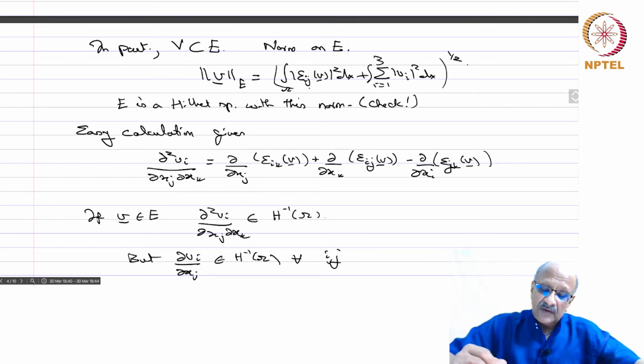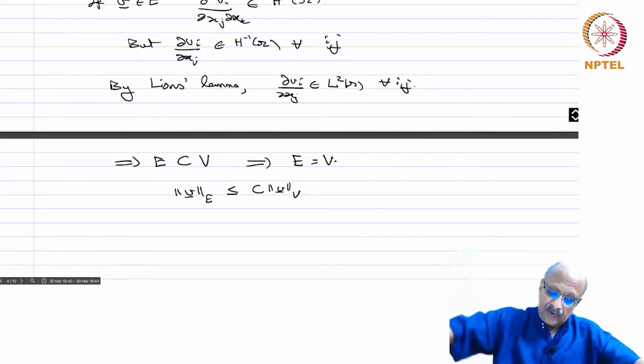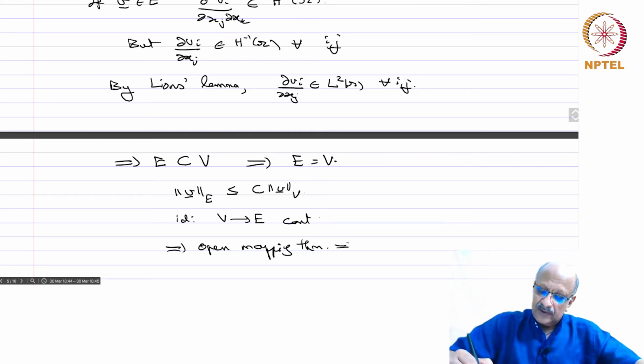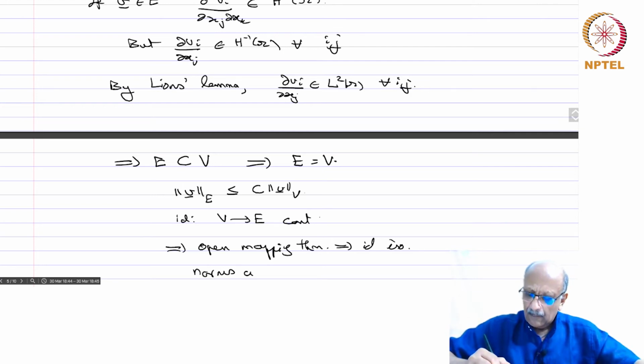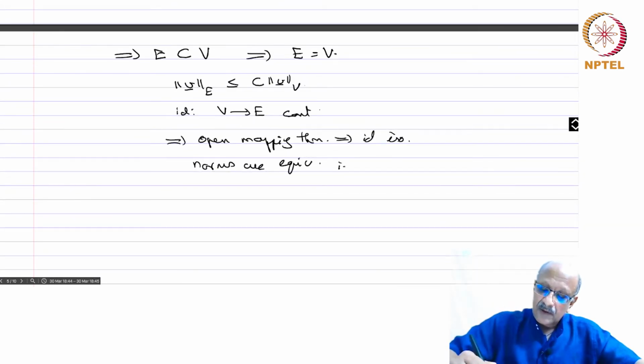They are all first derivatives, so if you take the square, take the L2 norm, that will be less than some constant times the norms of the first derivatives, and therefore less than or equal to a constant times norm v in V. That means the identity map from V to E is continuous, which means by the open mapping theorem, a one-to-one continuous map implies the identity map is an isomorphism, therefore the norms are equivalent, and that is precisely Korn's inequality.